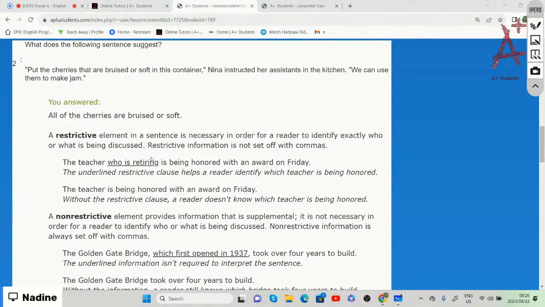We need to now say, what does the sentence suggest? It tells us to put the cherries that are bruised or soft in this container, Nina instructed her assistant in the kitchen. We can use them to make jam.